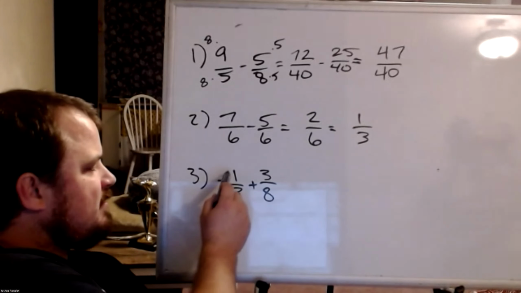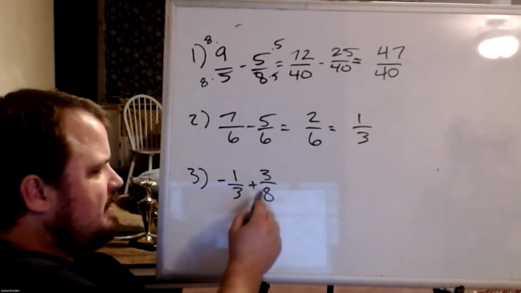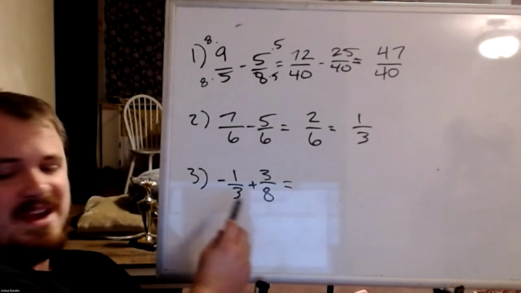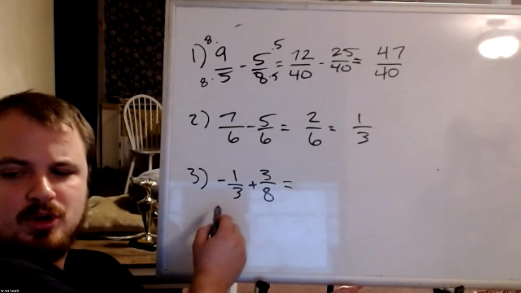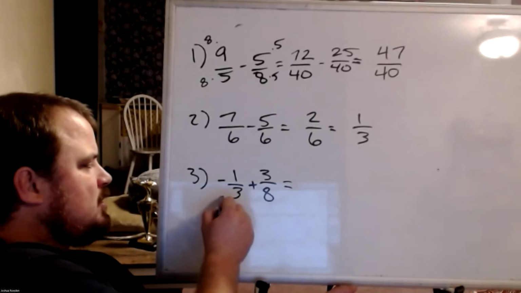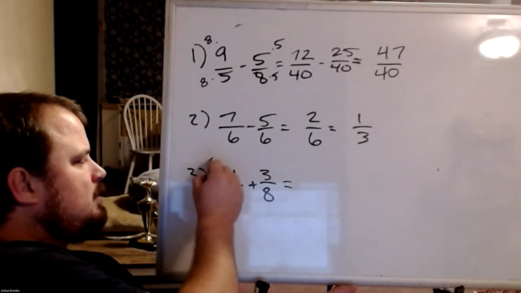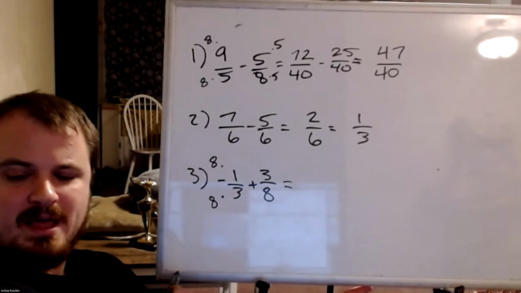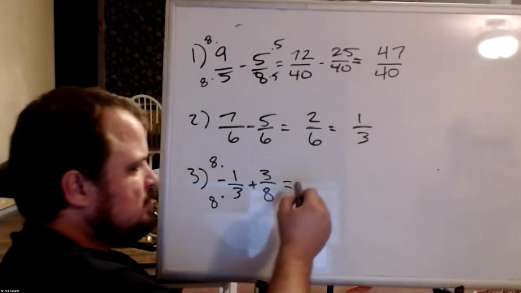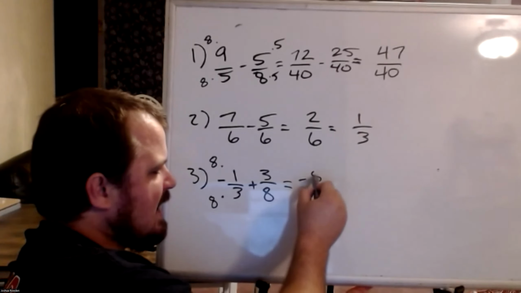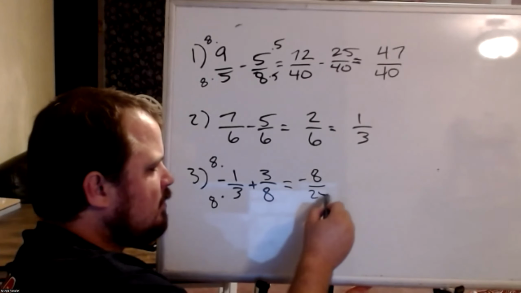All right, now this one. We have -1/3 plus 3/8. So 3 and 8, what do they have in common? They can both turn into 24. So we'll need to take the -1/3 and multiply the top and bottom by 8. So this will become -8/24.